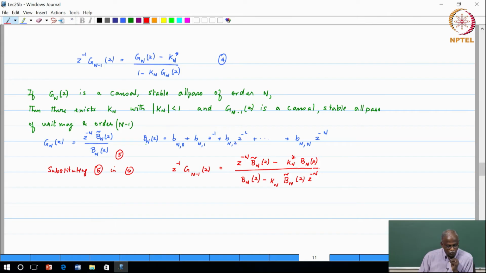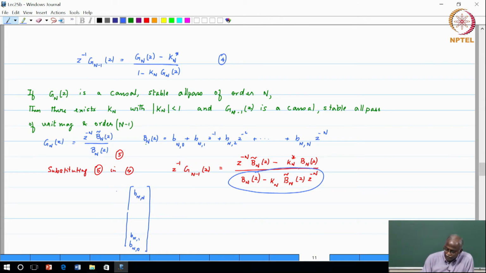Okay. So, what I would like to do is focus in on this portion of the expression. I am going to write the polynomial in the following way. I am going to write the coefficients as a vector. Again, you will see in a minute why that is helpful for us. So, the coefficients are b n comma 0, b n comma 1 all the way to b n comma n.